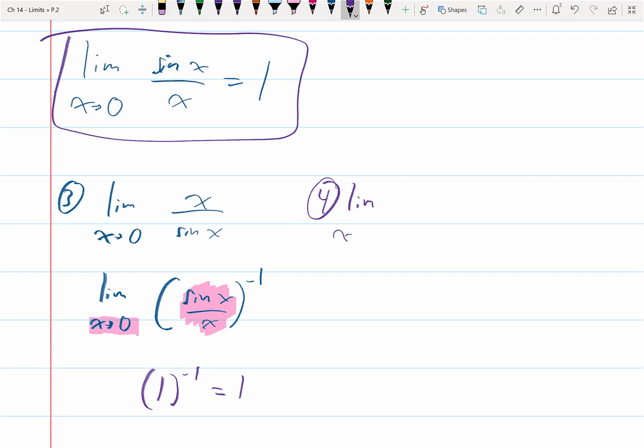I'll keep that up and do number 4 right next to it. The limit as x approaches 0 of the sine of 3x over x. What I want to do is get a pattern where I have the sine of something over that same something. How can I make the denominator be the same as the argument of sine?